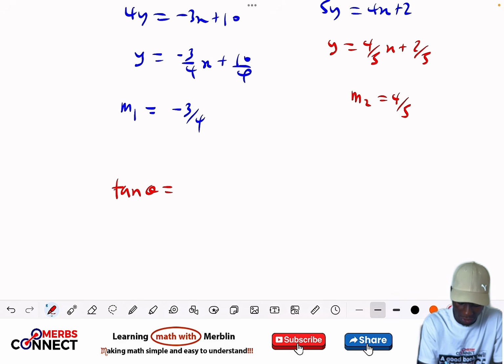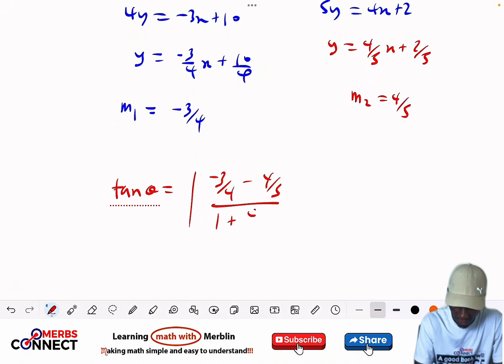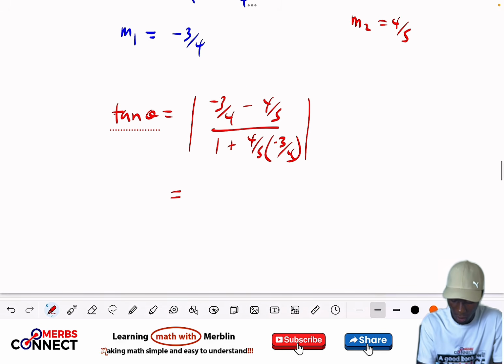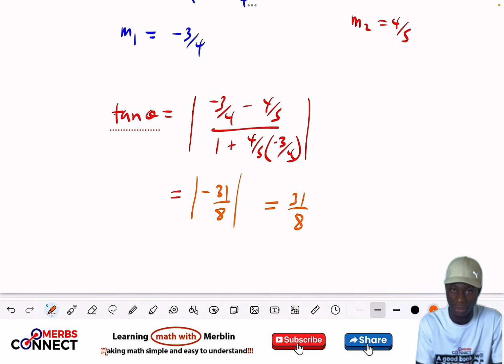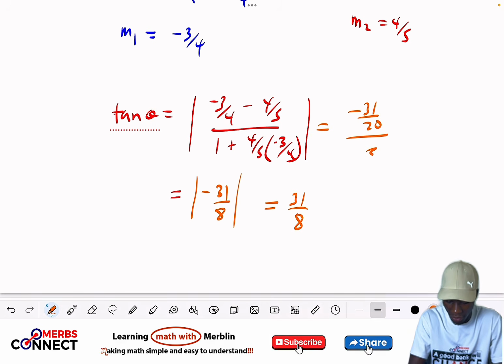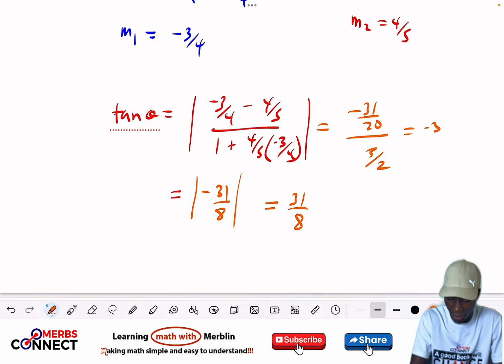So tan theta is equal to the absolute of minus 3 over 4 minus 4 over 5, divided by 1 plus 4 over 5 times minus 3 over 4, absolute. Now when you simplify it and do it very well, you should have minus 31 divided by 20, and this one is divided by 5 over 2, so minus 31 divided by 20 times 5 over 2.